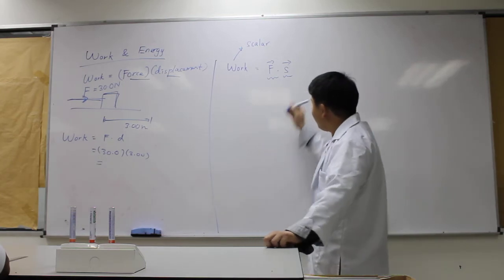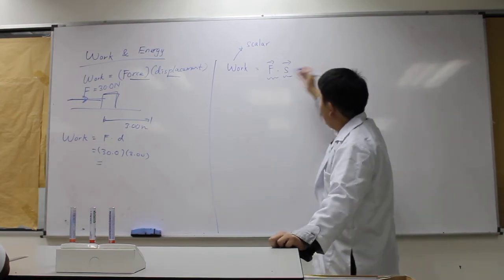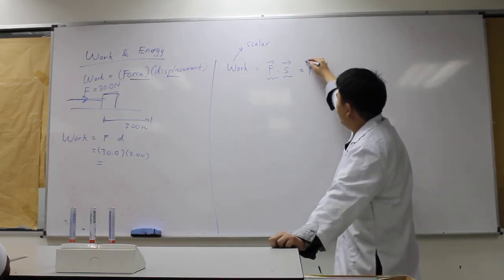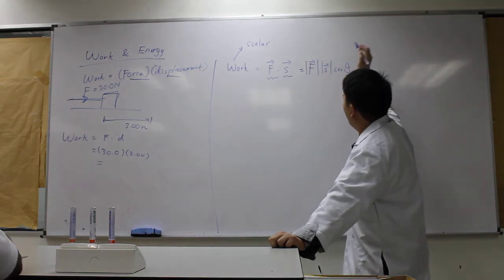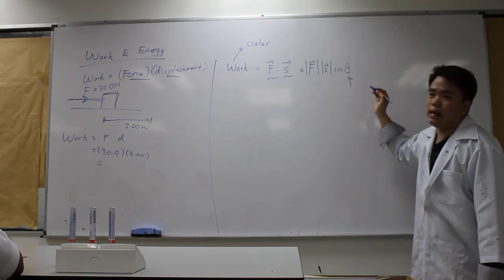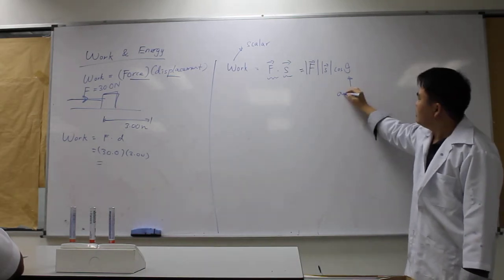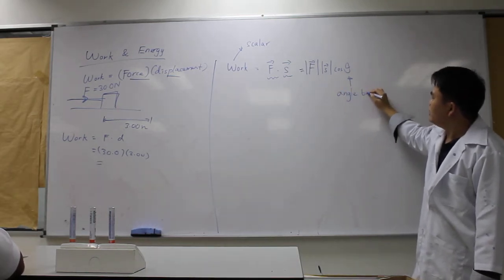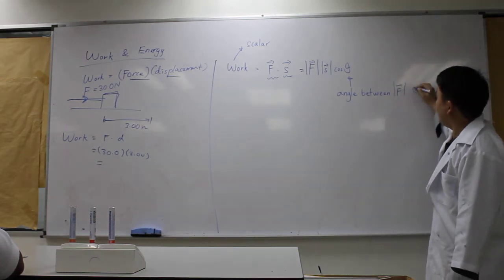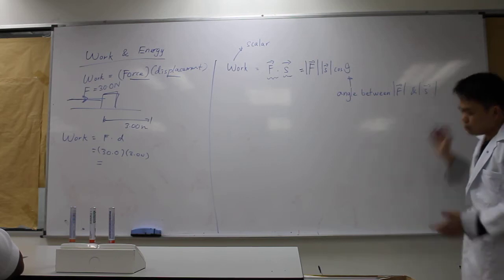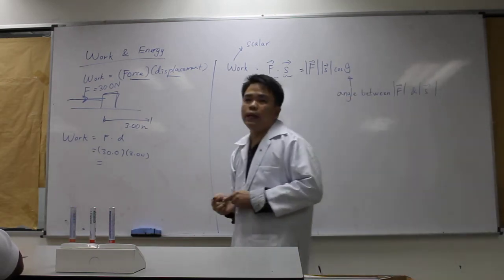In mathematical form, it is the magnitude of force times the magnitude of S times cos theta, where theta is the angle between F and S.